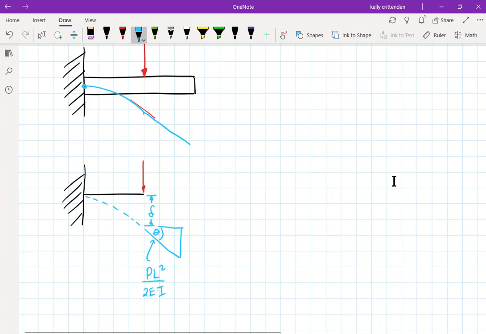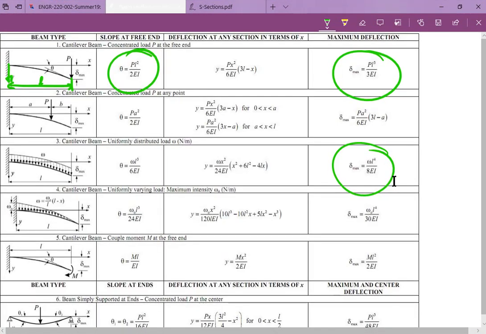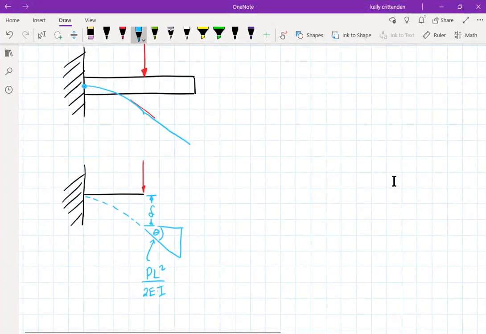We'll look and see in a minute. Well, let's look now. Yes, PL squared over 2EI. So you know that that's the radians, and this side, because this is a really small angle, is whatever length this is.